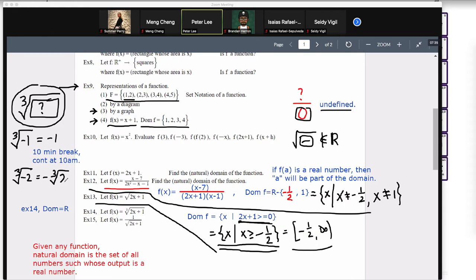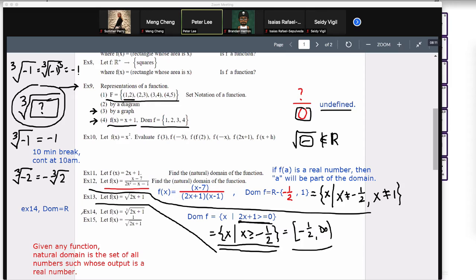That's because -1 can be written as (-1) cubed, and (-1) cubed comes out as -1. So having a negative number under the cube root is not a problem. It's not the same as square root. Cube root is different. Therefore, the radicand, the number under the cube root, can be any number, and the whole thing will be a real number.